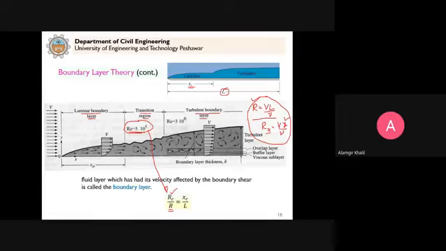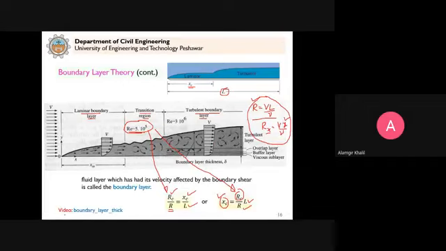So Rc by R is equal to Xc by L. Then we can calculate this Xc. R is known, L is known, Rc is 500,000. We can calculate the distance at which the boundary layer will change from laminar to transition or turbulent.